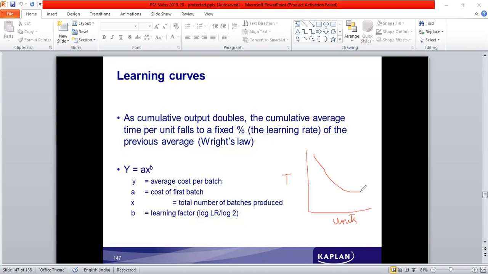So that's the concept. But this concept of the average time reducing is applicable only when the output is cumulated. What does it mean by cumulated? Let's say that for the first time when the work is done, 1 unit is produced, and some 100 minutes is required.